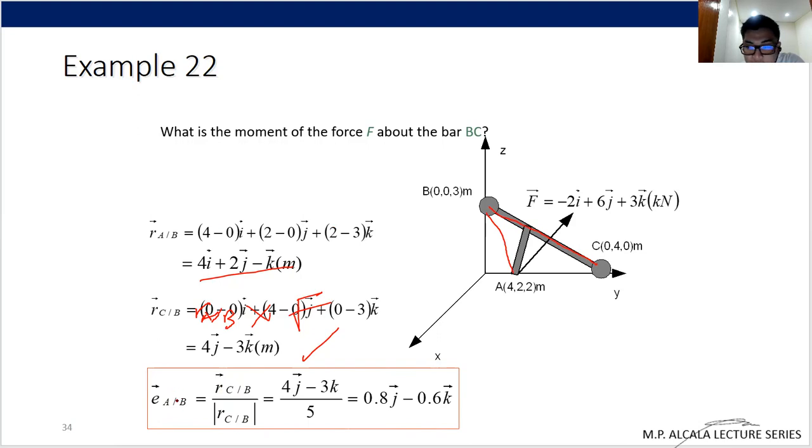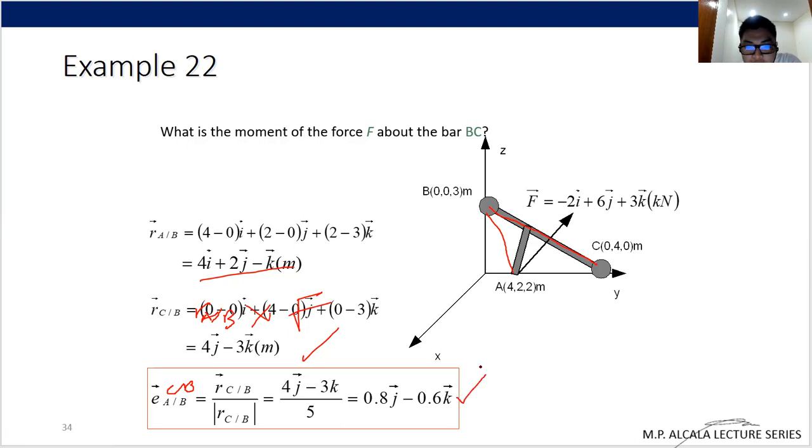Typographical error again, sorry about this, class. This should be ECB. So RCB is simply, or you get the unit vector.